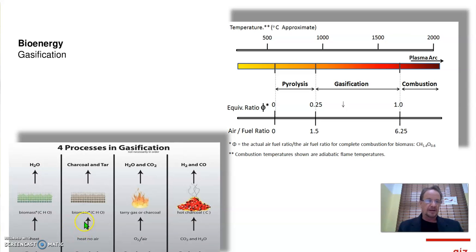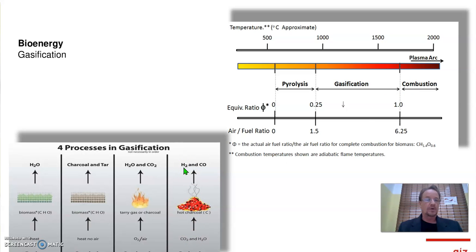Then in the pyrolysis, which is at a temperature between 500 and, I think, 800 or something like that, you produce charcoal and tar. Then you go into the gasification temperature area, and here you produce water again and CO2. Then you go into the combustion plus reduction, that is the hot charcoal.